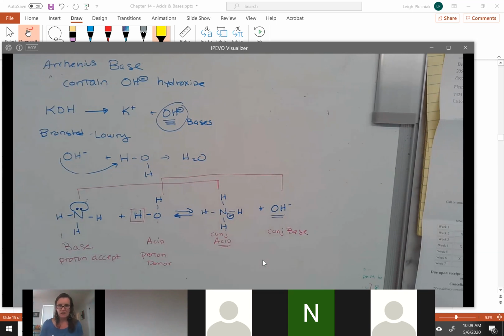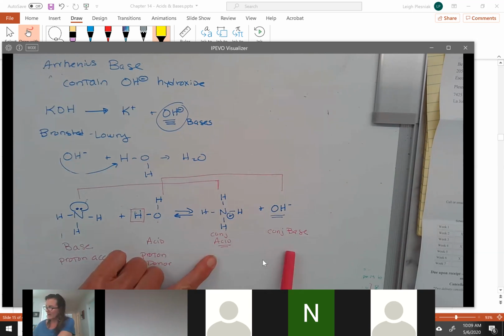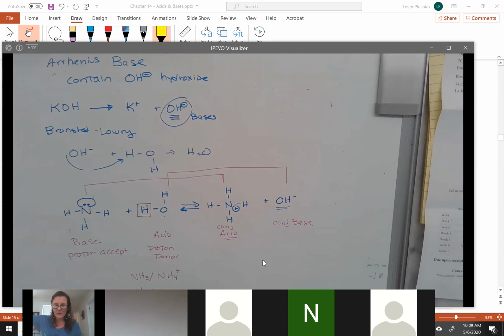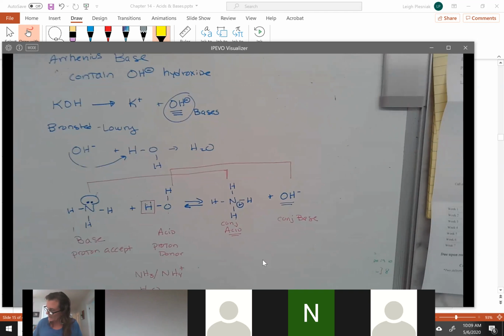So in every acid-base reaction, there's a base and an acid on the reactant side. There's an acid and a base on the product side. And they come in pairs, and the pairs differ only by an H+. So if I just write my pair out, I have NH3 and NH4+. I have H2O, OH-.